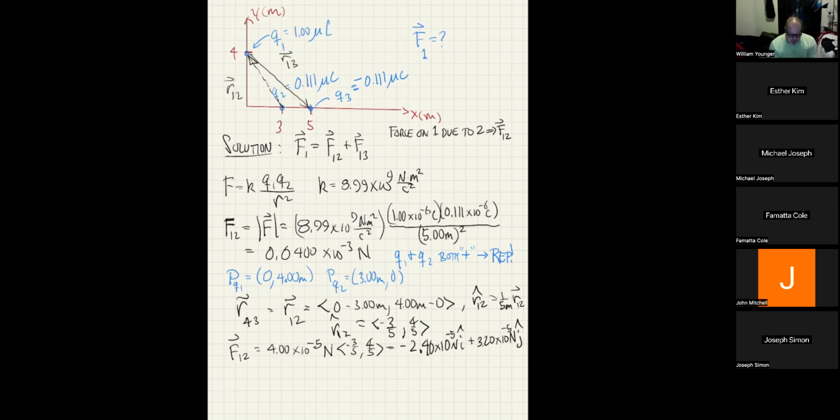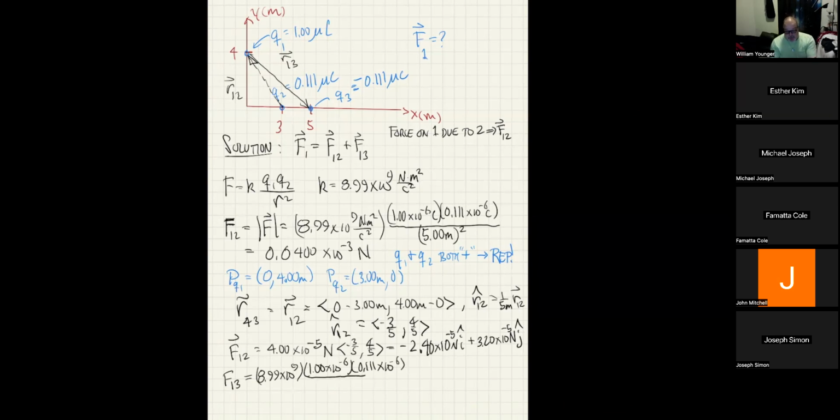Okay. So F13 is going to be, I'll leave off the units this time since we saw how it worked out before. So we got 1.00 times 10 to the negative 6, and then we got 0.111 times 10 to the negative 6, and all this will be over, this time notice it's 5 and 4.